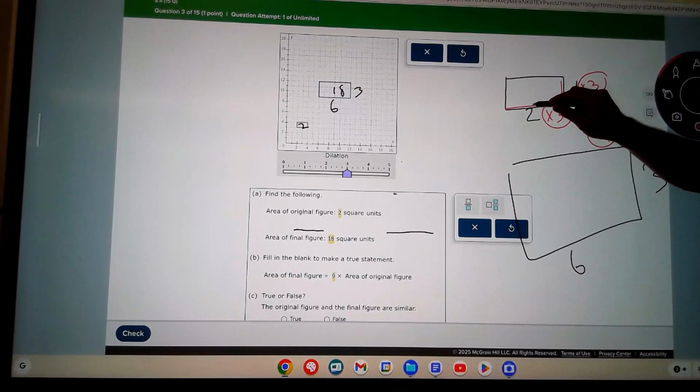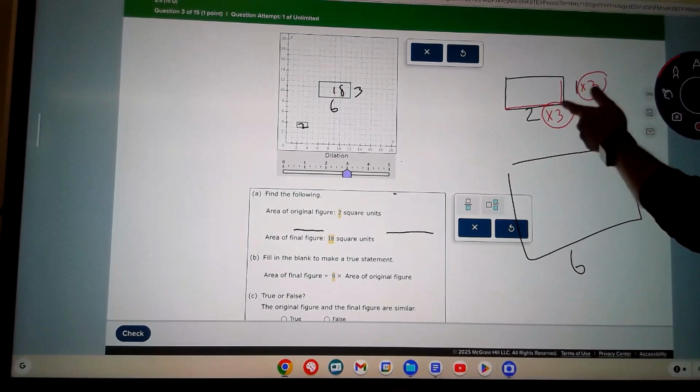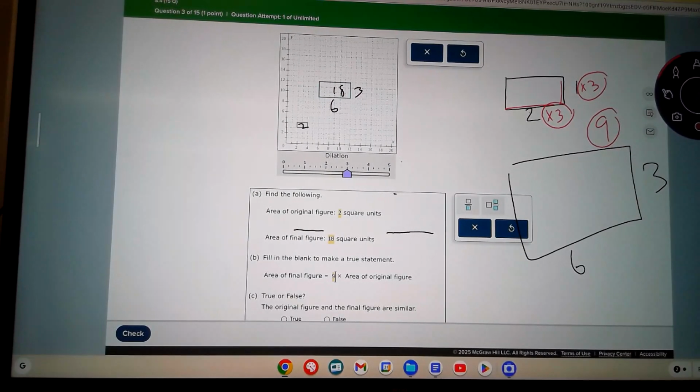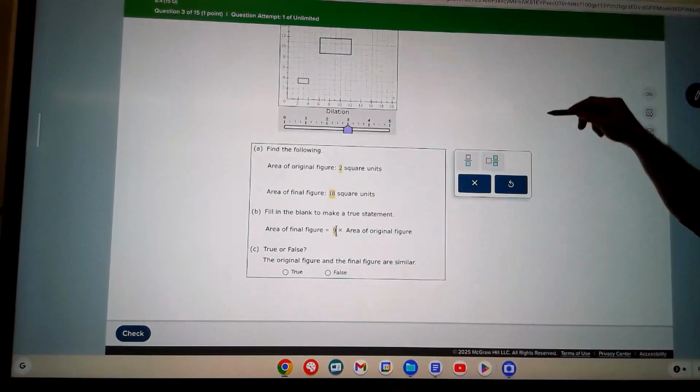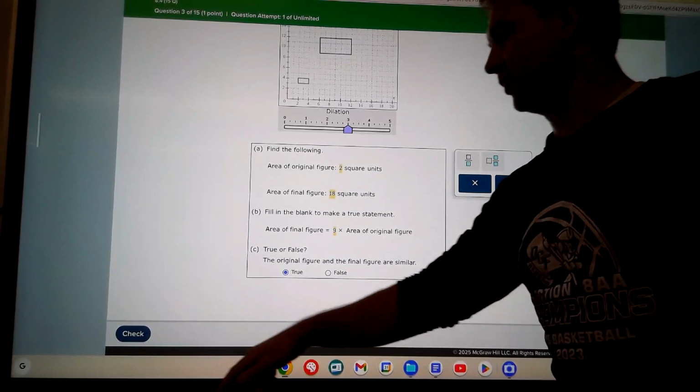So when I triple both sides, I end up becoming 9 times larger, because each dimension got 3 times larger, and 3 times 3 is 9. Down below, true or false? The original figure and the final figure are similar. That is a true statement.